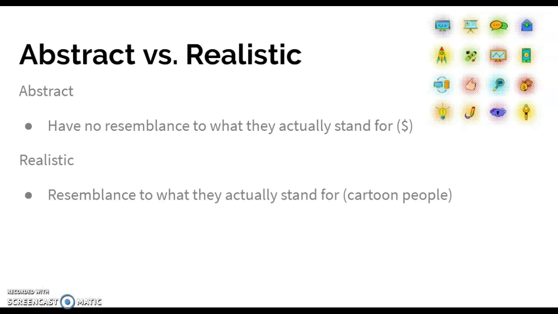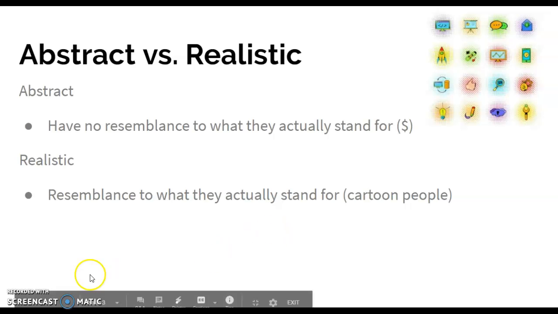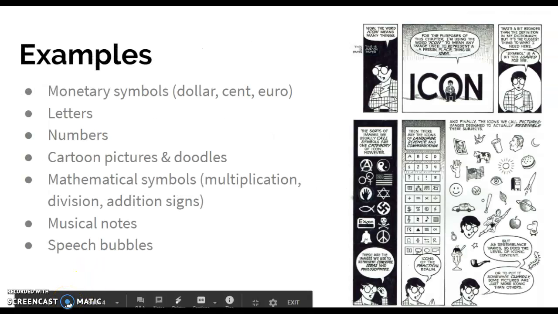There's abstract, which don't resemble what they actually stand for, such as a dollar sign symbol because it doesn't look like an actual dollar. Or there's realistic icons, which do resemble what they actually stand for, such as cartoon people or hands or actual symbols that look like the real thing.